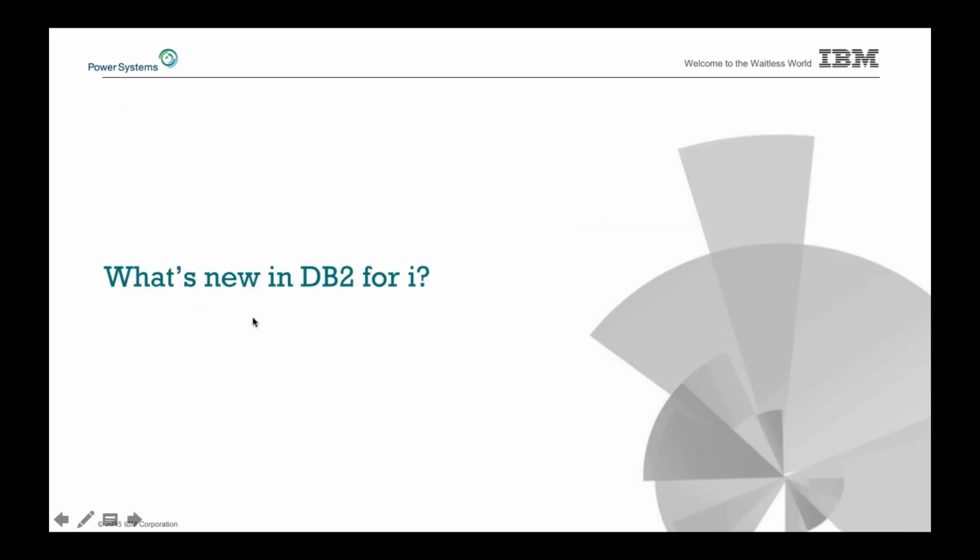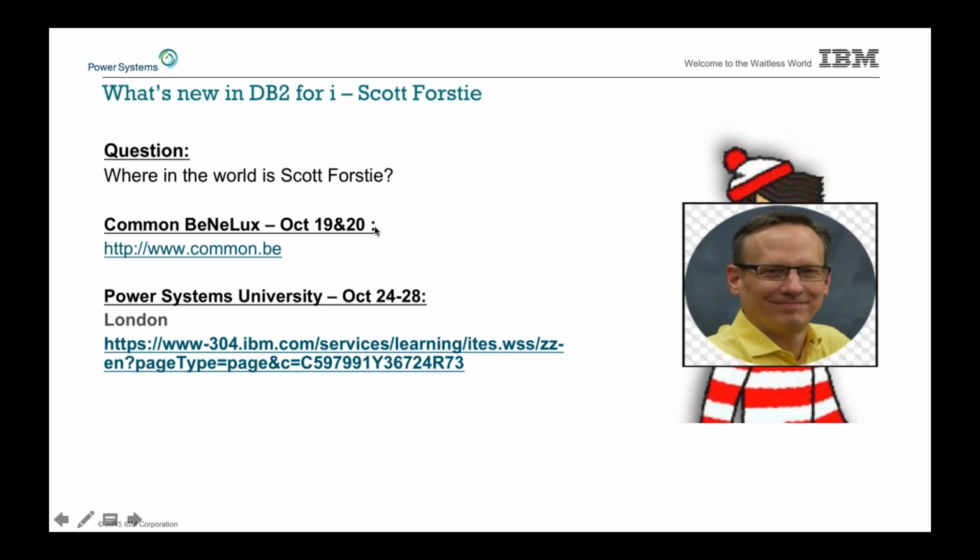Other things in DB2. Got a couple of exciting things going on there. First off, Scott Forstie. He's our architect for database. He is getting ready to start a little whirlwind tour, kind of like where in the world is Waldo? Well, where in the world is Scott Forstie?